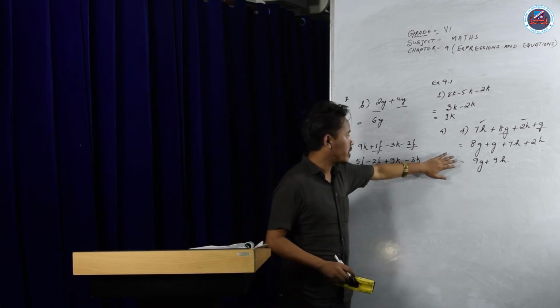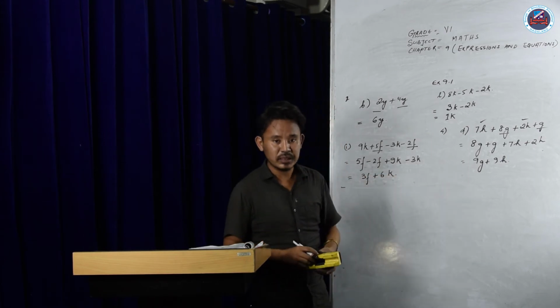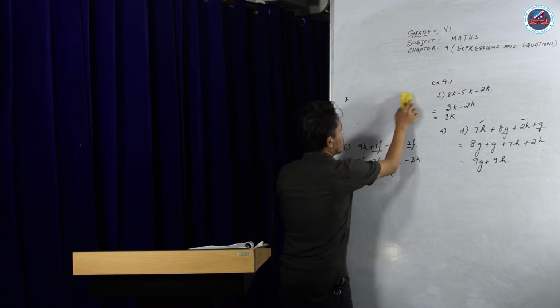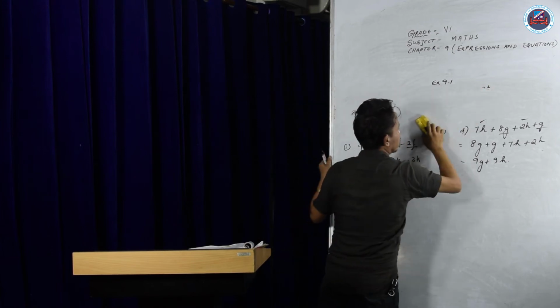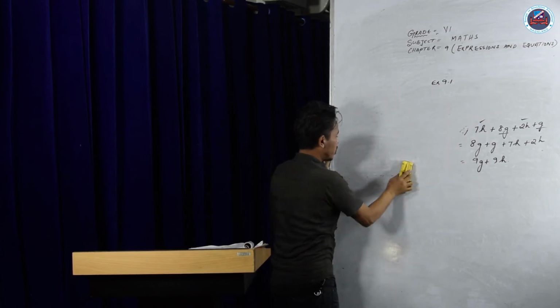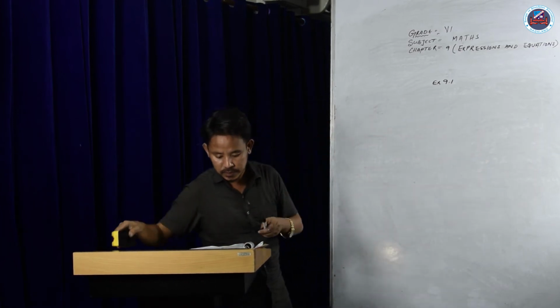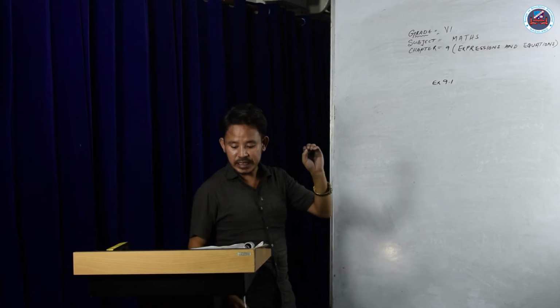Do not worry, here there are only two sums, but in the PPT you can see I have done a few sums there also. Now let's move on to question number 5. Write each expression in its simplest form.